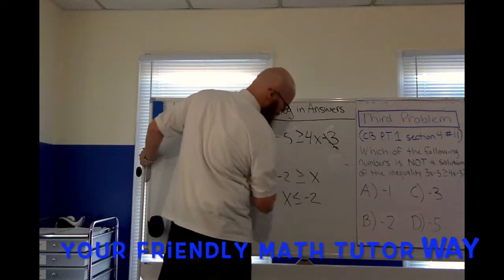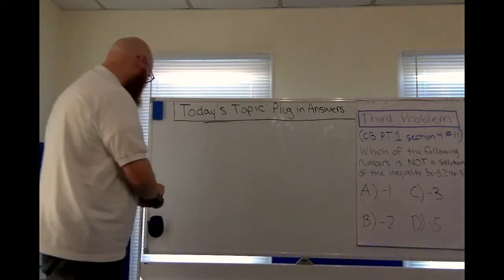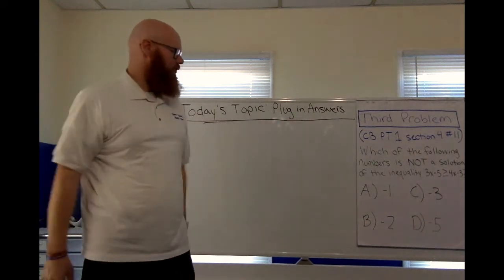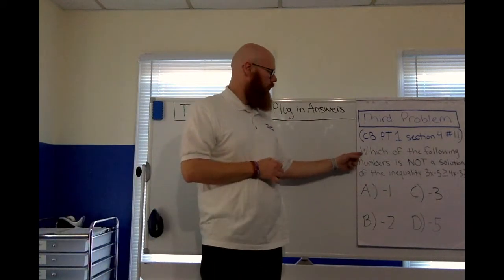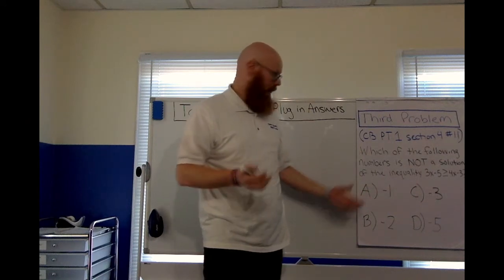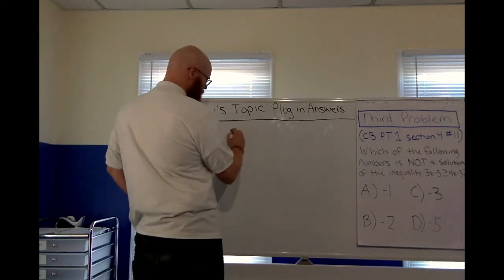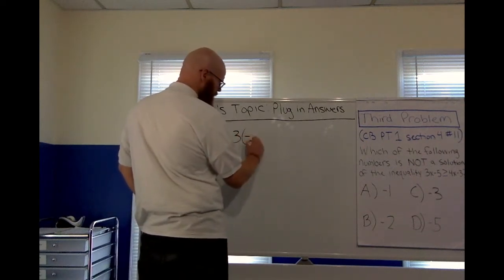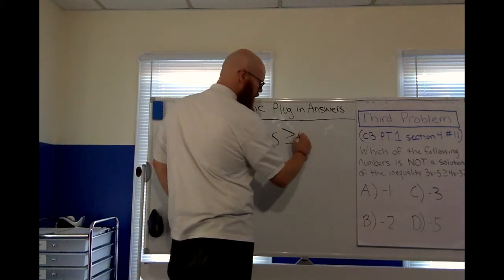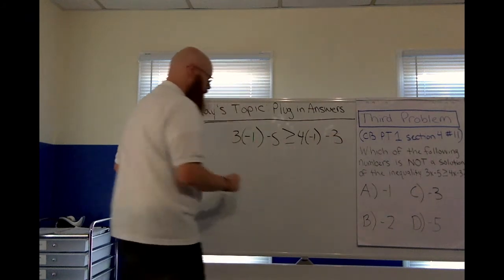And then the Your Friendly Math Tutor way, again, our theme today, is to plug in our answer choices. So we're going to literally just plug in our answer choices. We will check A, and we'll replace x with negative 1: 3 times negative 1 minus 5 is greater than or equal to 4 times negative 1 minus 3.